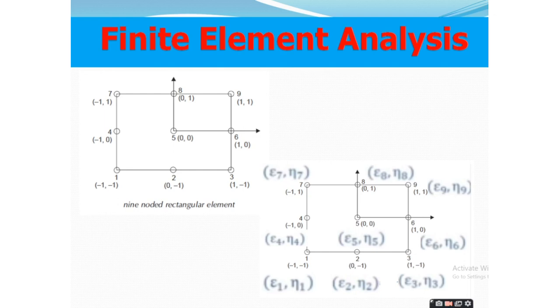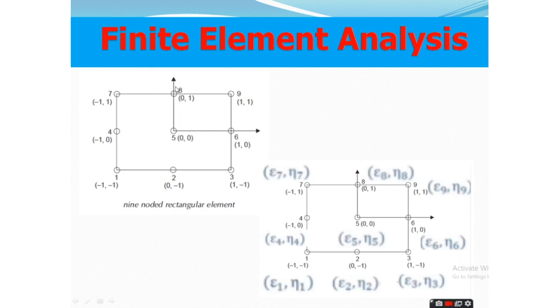So this is a 9-noded rectangular element, or you call it a 9-noded quadrilateral element. The node numbers are given in rows: 1, 2, 3, 4, 5, 6, 7, 8. And the coordinates are represented using eta and psi, that is a natural coordinate system.